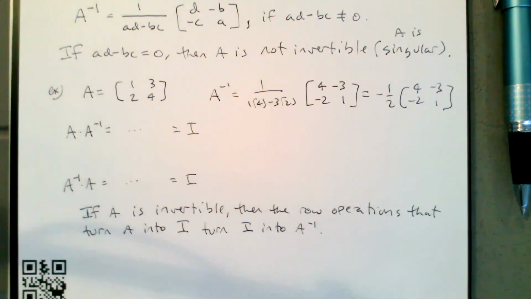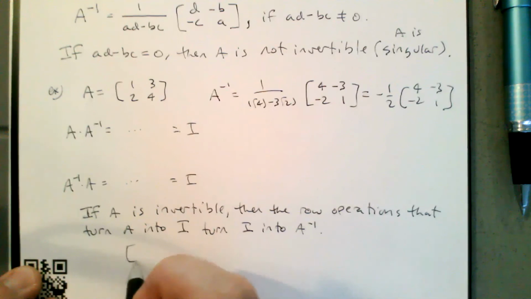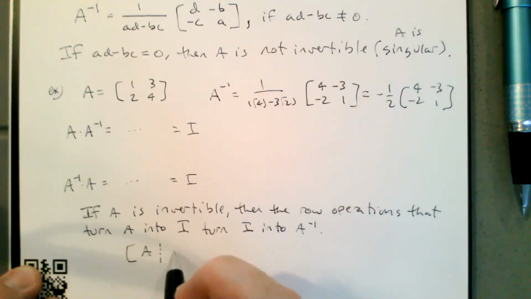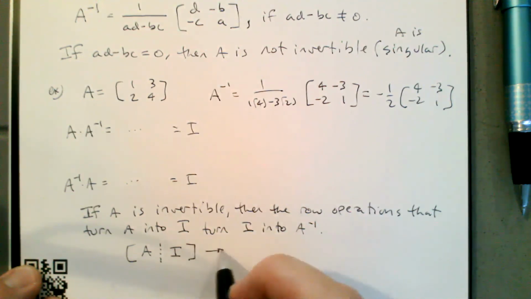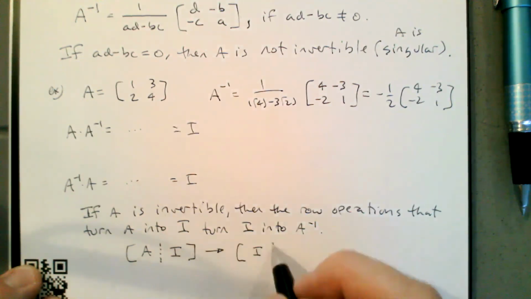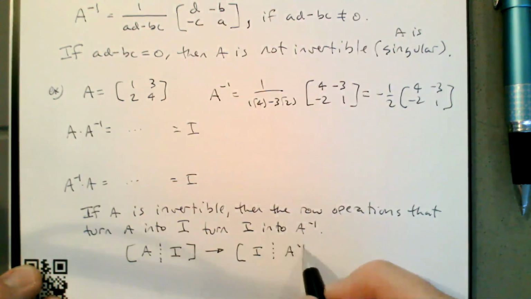If you have an invertible matrix, then it is row equivalent to the identity matrix. And moreover, the row operations that turn A into the identity turn the identity into A inverse. So if we make an augmented matrix [A I], this will be row equivalent to [I A inverse].